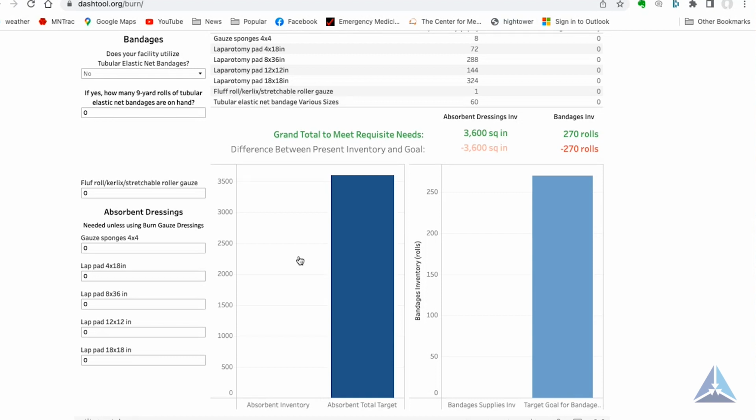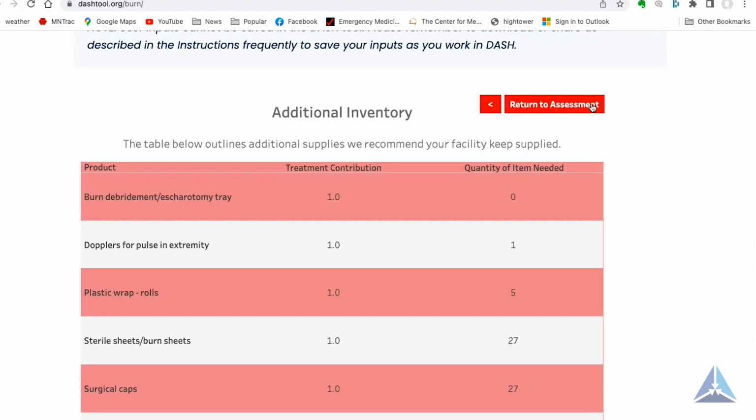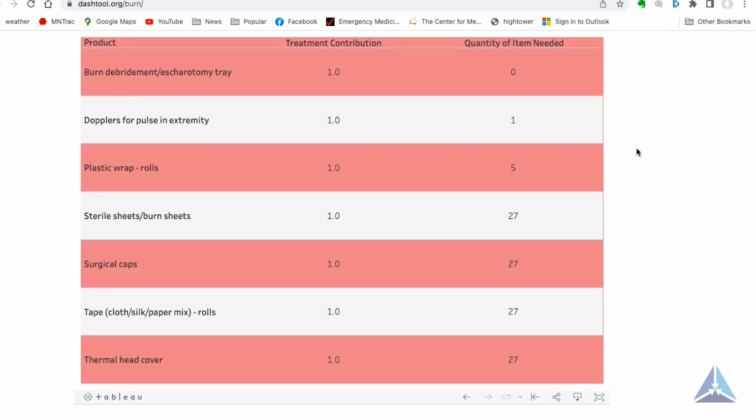There is a requirement to have some absorbance here because we are using Adaptic and Xeroform as our base rather than an absorbent dry sterile burn gauze. So we would populate those quantities. There's additional inventory needed here for debridement. There's also Saran wrap recommended in case of a crisis situation.